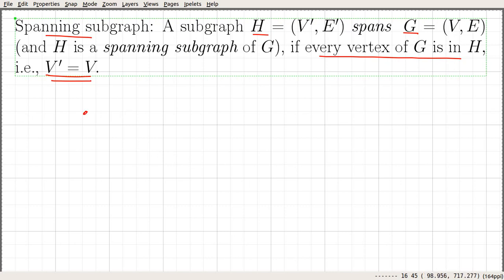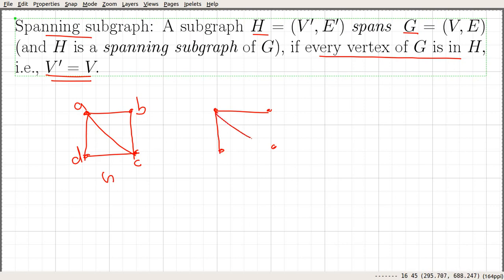Okay, so let me give an example. Consider this graph G and consider this subgraph, let it be say G dash.